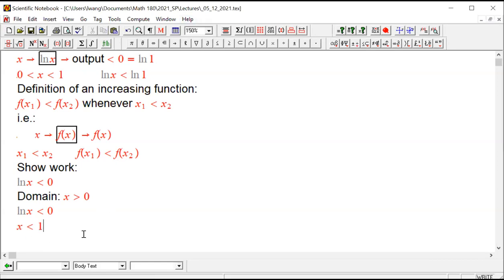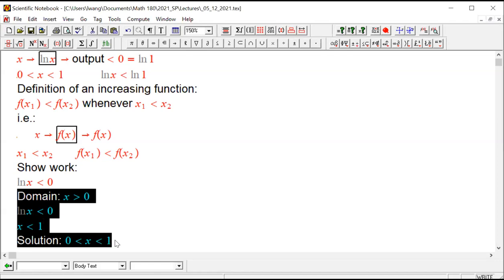Okay, so the solution combined with the solution, right? And we will get x between 0 and 1. That's it. You really just need to show this much work. You got it?